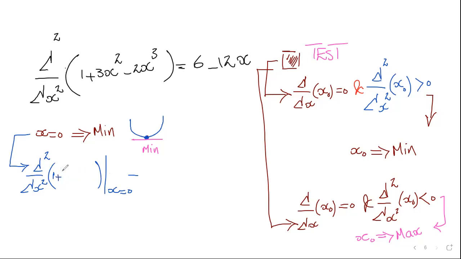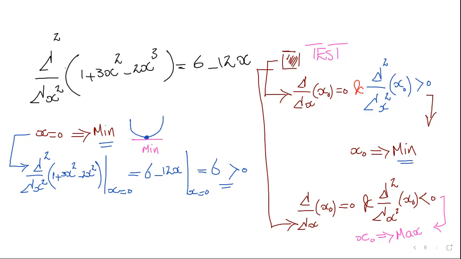I mean, the second derivative of 1 plus 3x squared minus 2x cubed is 6 minus 12x, evaluated at 0, which becomes 6. You put 0 in for x, get 6 minus 12 times 0, you get 6, which is a positive number. Our test says that if you have a critical value, and 0 was a critical value, and the second derivative evaluated at the critical value is positive, then that point for sure is a minimum point. Then we got the positive number and it confirms that x equal to 0 is a minimum.